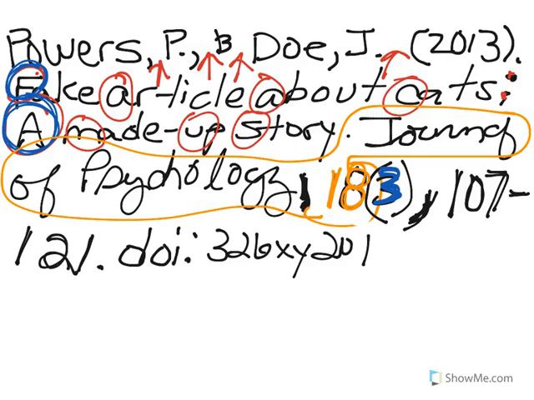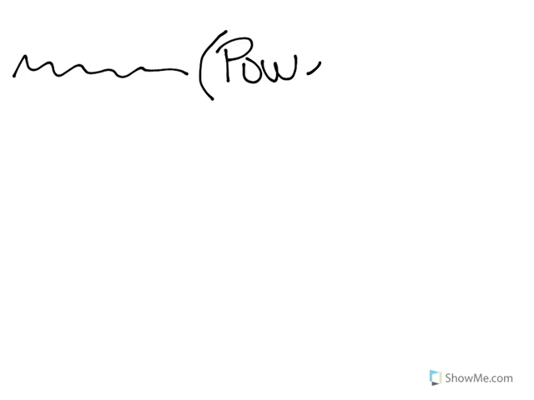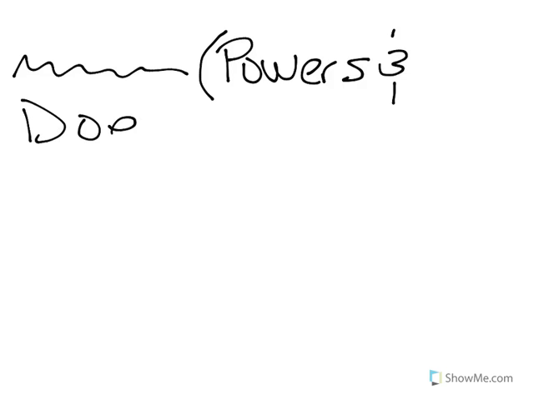Now, when you go to actually cite that reference in your writing, you're going to write your sentence, and you're going to end it by putting Powers and Doe, comma, 2013, in parentheses and a period.